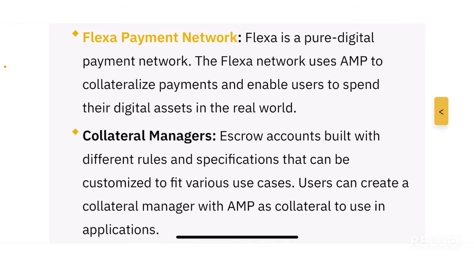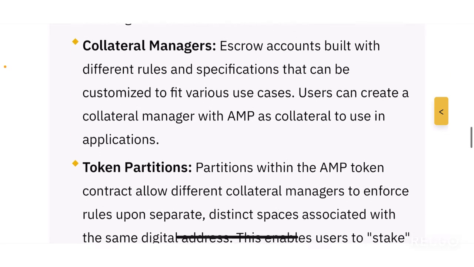There's no real dApp building or any other facilities or features available within the Flexa payment network. It's mainly used for payment solutions, and therefore it's quite efficient and allows people to stake their AMP, which can be used as a collateral for facilitating payments, right? So that's one of the main components of the AMP network.